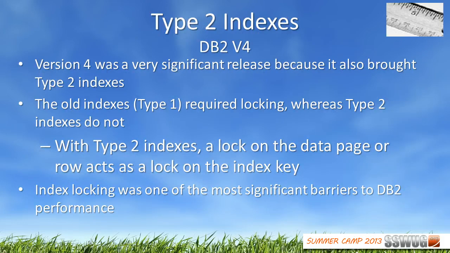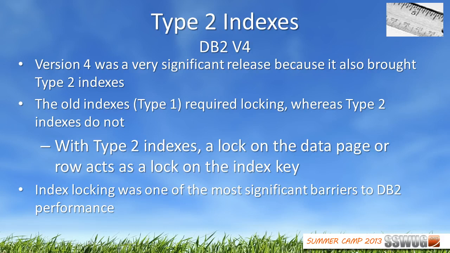Number 5, also a version 4 implementation, is the Type 2 index. The Type 2 index, when it came along, completely redesigned the structure of DB2 indexing, and it removed perhaps one of the biggest performance problems that DB2 ever faced, index locking.